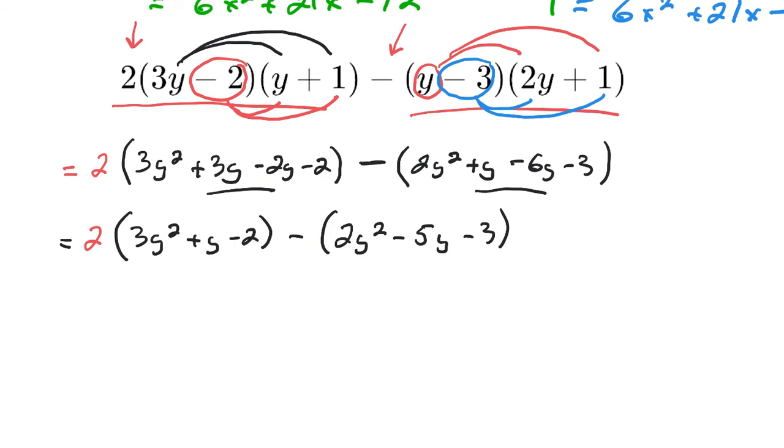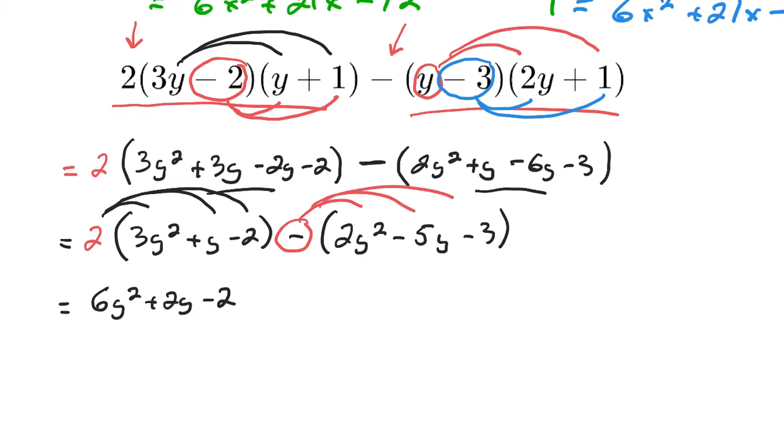And now we can go ahead and distribute the 2. So the 2 gets distributed into that second bracket. So 6y squared plus 2y minus 2. And now we can take the negative sign and distribute it into the bracket. So negative 2y squared plus 5y plus 3.